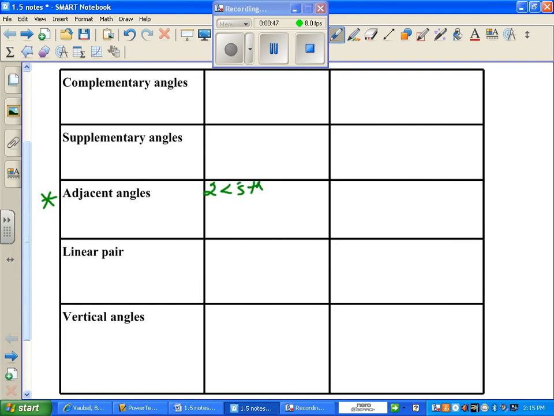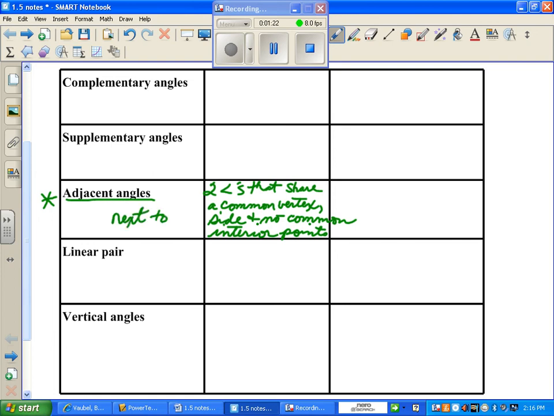Two angles that share a common vertex, side, and no common interior points. Okay, this word is adjacent. Think of it as next to. Angles that are next to each other.